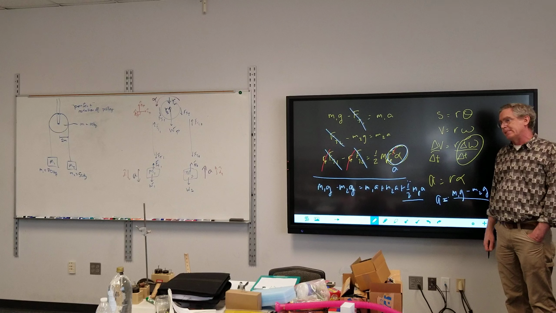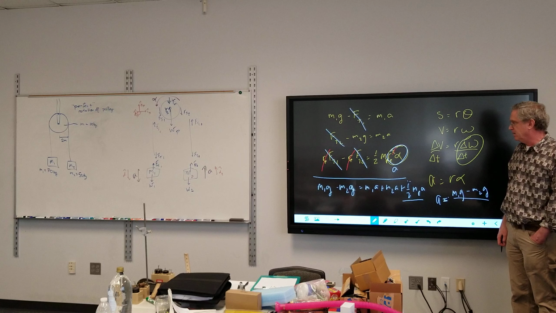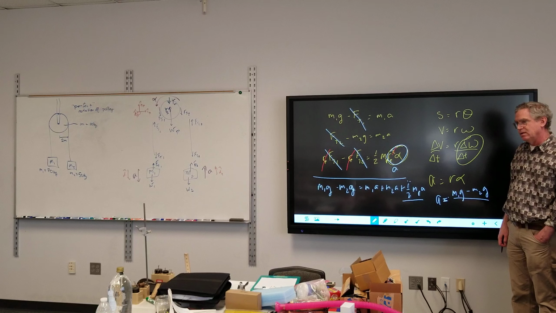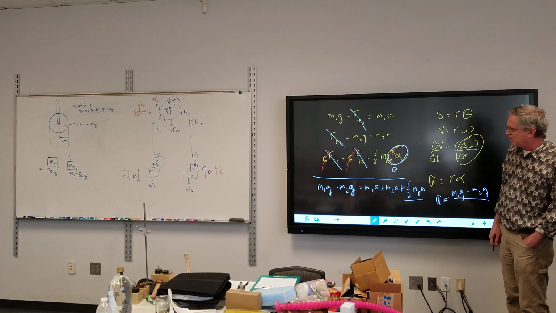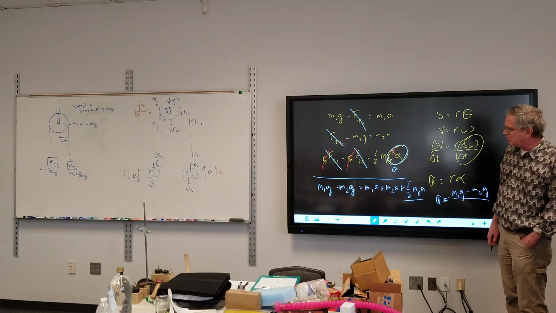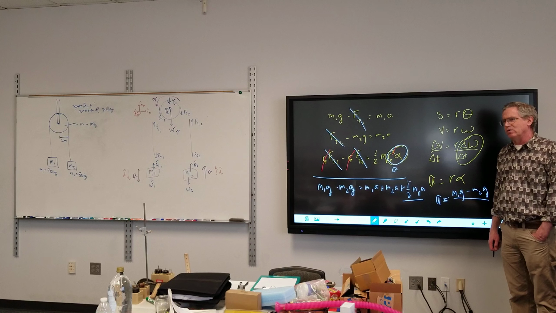I have a question. Can we cancel M1 and M2 out since they're on each side? Can we cancel them? No, because they're all different numbers. You're suggesting just dividing by M1?